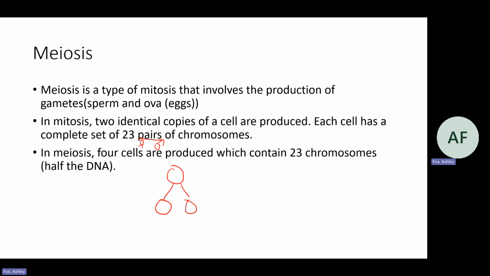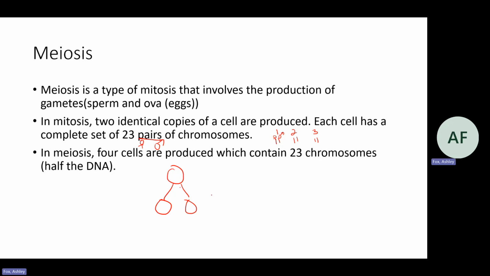So we have pairs. We'll line them up: chromosome 1, and then 2, 3. So we'll have 2 chromosomes there. One's from the maternal side, so mom, and one's from the paternal side, from dad. So we have this combination going on for all of them up to 23.